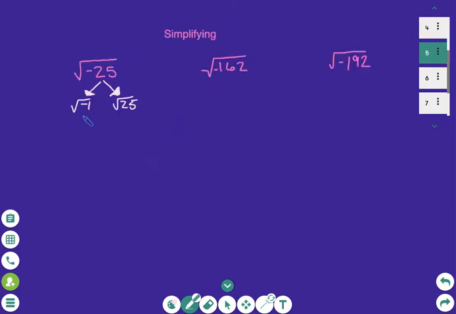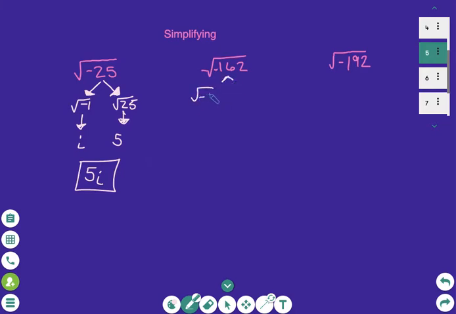So this piece becomes an i, and then I can simplify the square root of 25 just as I normally would. I know the square root of 25 is just 5. So that means our solution is 5i. So this would be the simplified version of the square root of negative 25.